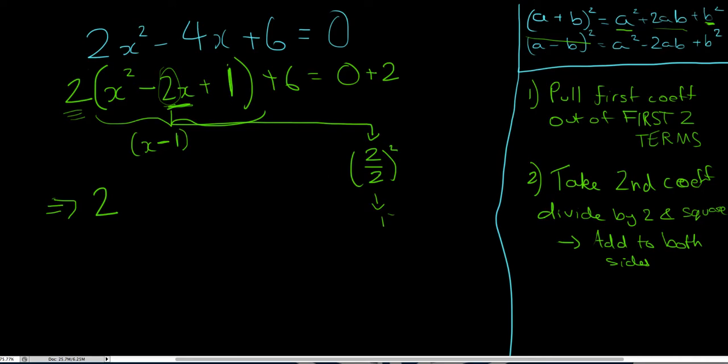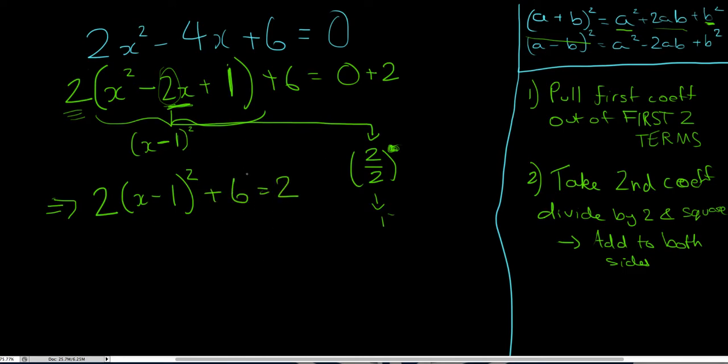And if you remember from this, an easy way to figure out what goes here would be to go back here and just remove the square. Okay? So in this case, it doesn't matter because 1 squared and 1 is the same thing. So we get x minus 1 squared. So we put x minus 1 squared here. Oopsies. x minus 1 squared plus 6 is equal to 2.